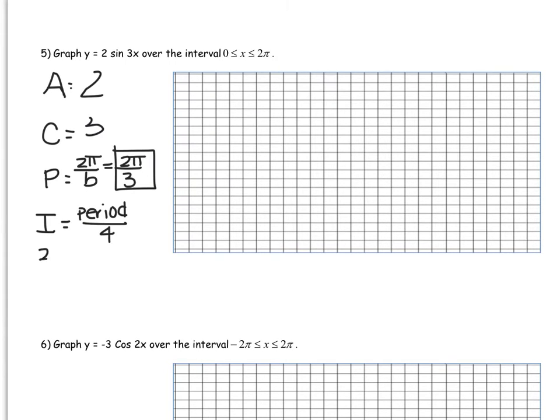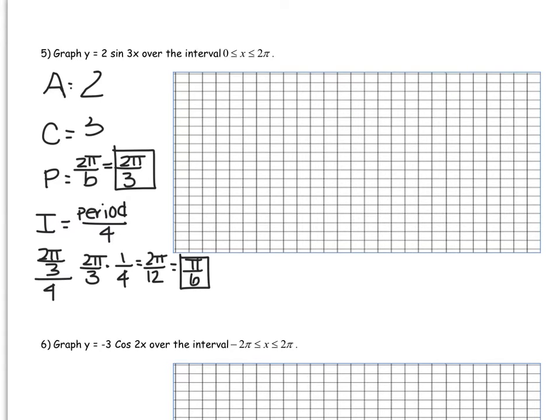So we're going to take 2 pi over 3 and divide it by 4, remembering that we could keep change and flip. And when we simplify this, this is 2 pi times 1, which is 2 pi, over 3 times 4, which is 12, which reduces to pi over 6.